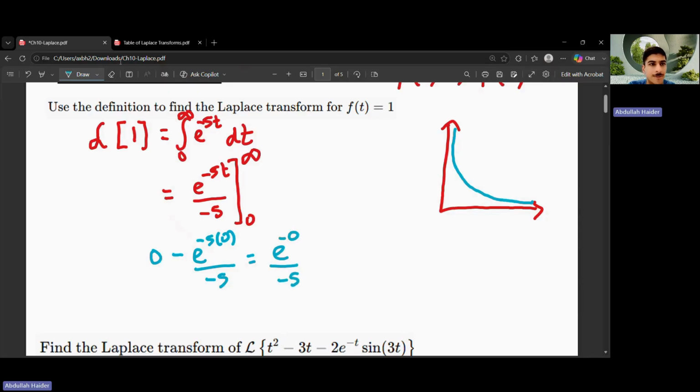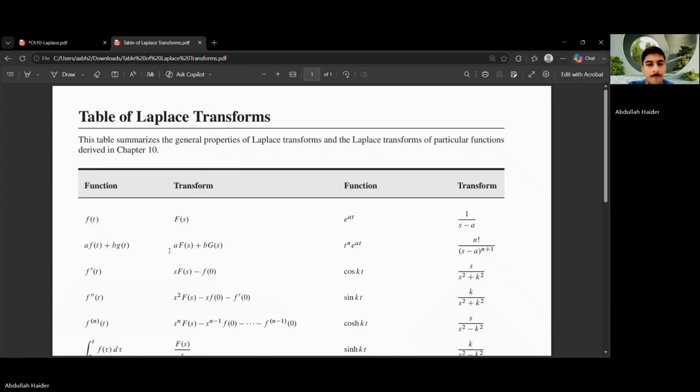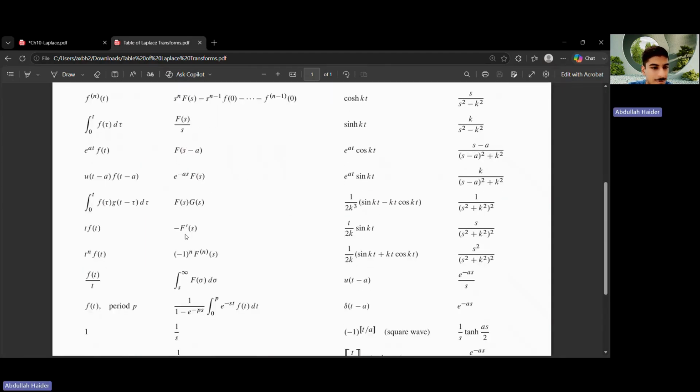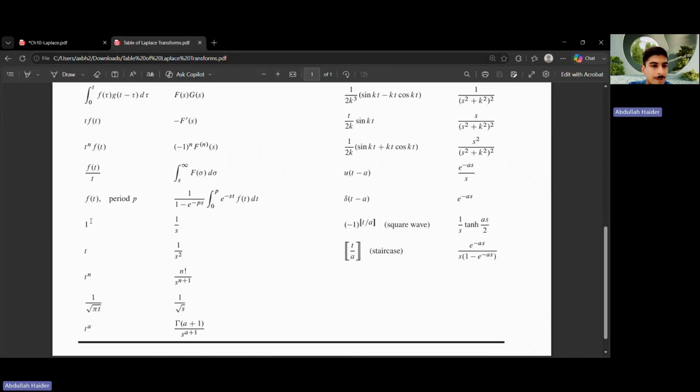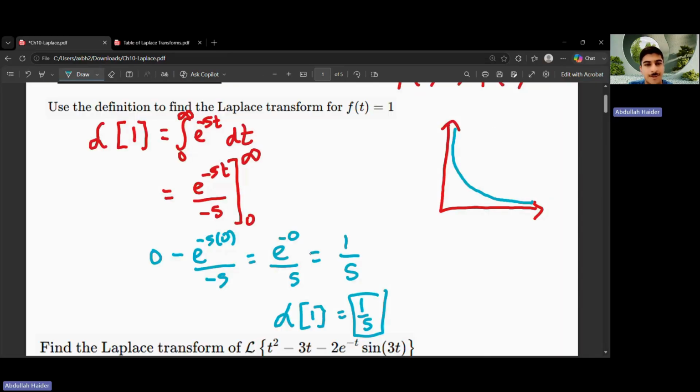Oh no, this minus will get cancelled out, and this will give you 1 over s. So now you can say that the Laplace of 1 is 1 over s, and if you want to verify this, you can simply go here and see where you have 1. Laplace of 1 is 1 over s, so our answer is correct.